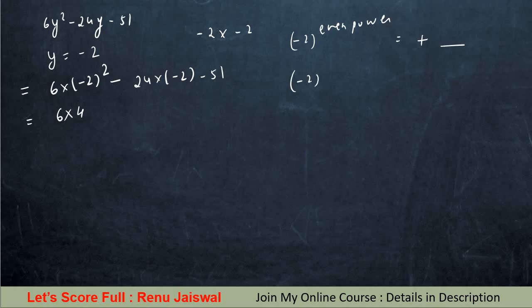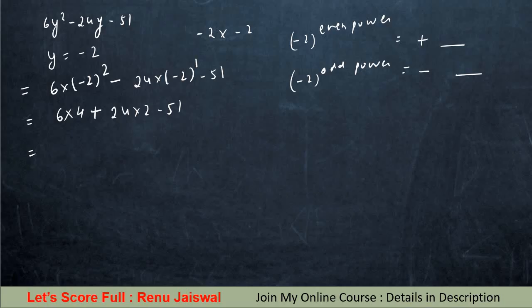But if any negative number has an odd power, the answer will be minus and then the number. Here it is minus 2 power 1, which is exactly odd. So minus 2, minus, and here also 24 has minus. So minus minus plus. 24 into 2 minus 51.